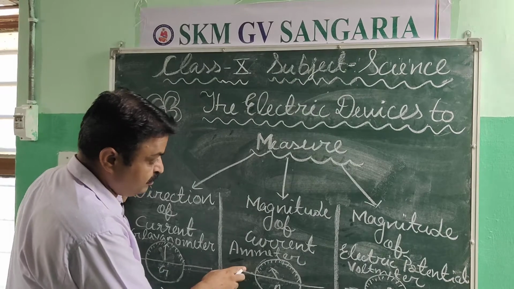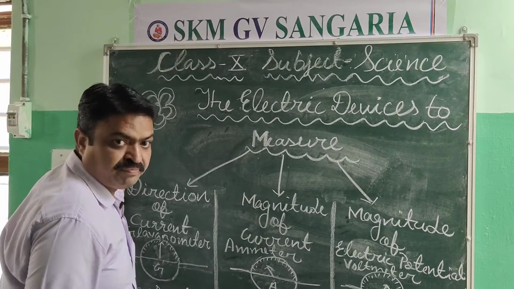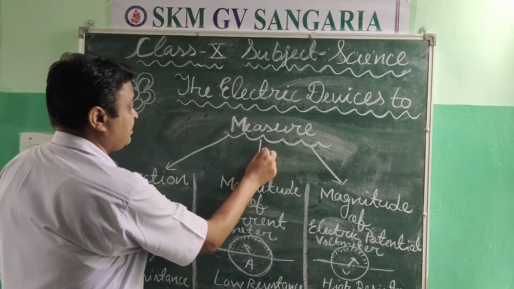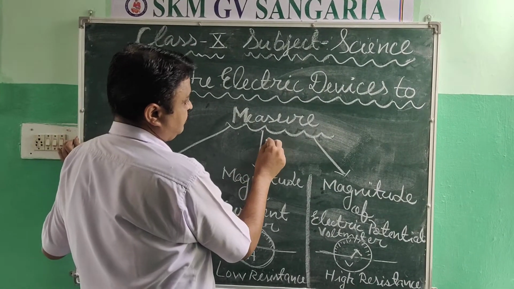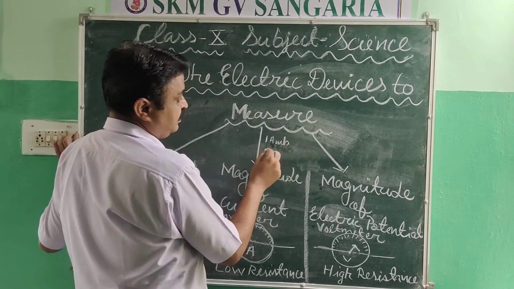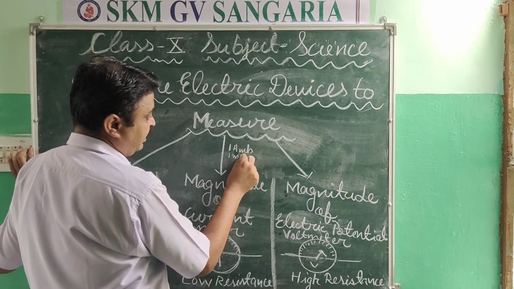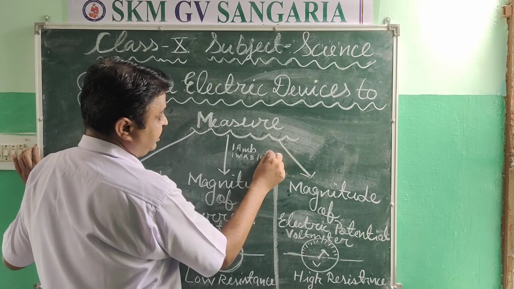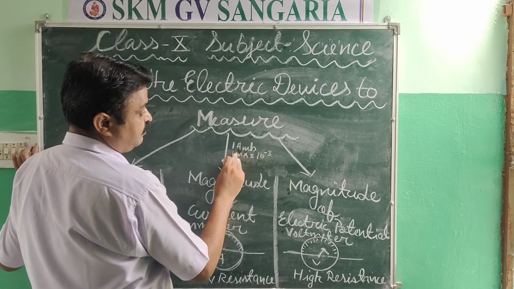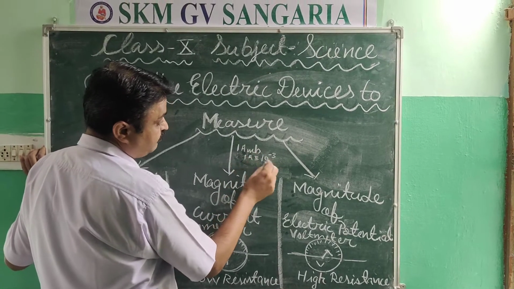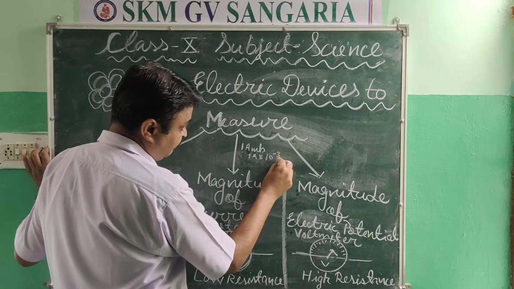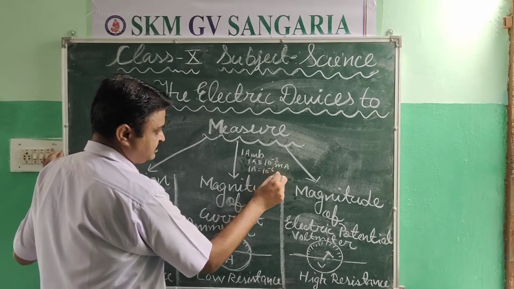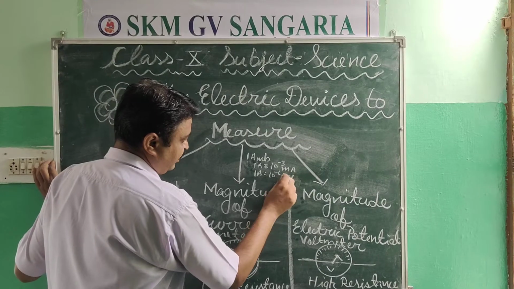For the ammeter, the unit used to find the magnitude is ampere, milliampere or microampere. 1 ampere is the SI unit, and 1 milliampere (mA) is equal to 10 power minus 3 ampere. 1 ampere is equal to 10 power 3 milliampere. 1 ampere is also equal to 10 power 6 microampere.